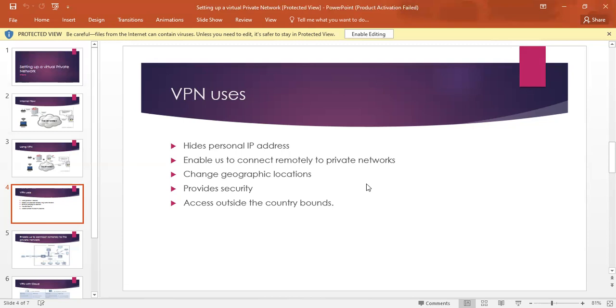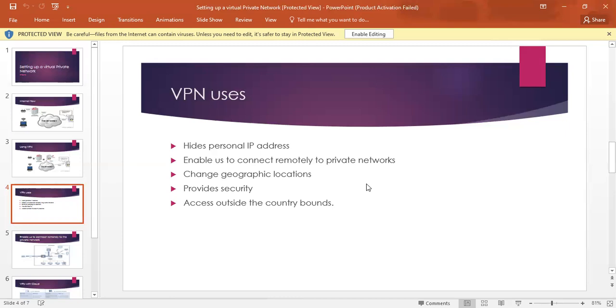It enables us to connect remotely to private networks. Here is an important use of VPN that we have to stress, and we have to have a clean discussion about this second point. How does VPN help to connect remotely to private networks?